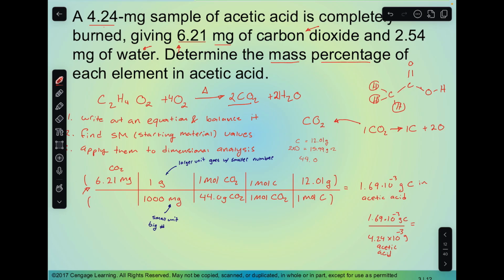We will end up getting, oh, my mistake. I always forget to do this, but you have to multiply this number by 100%. And then you will get 39.9 percent carbon in acetic acid.